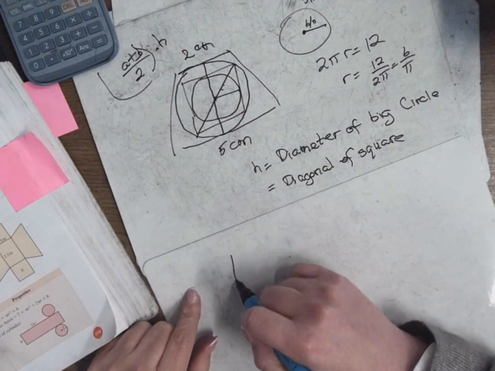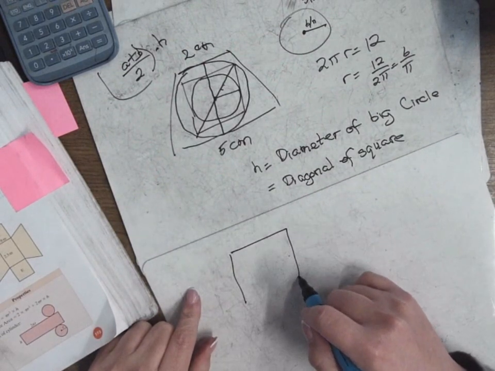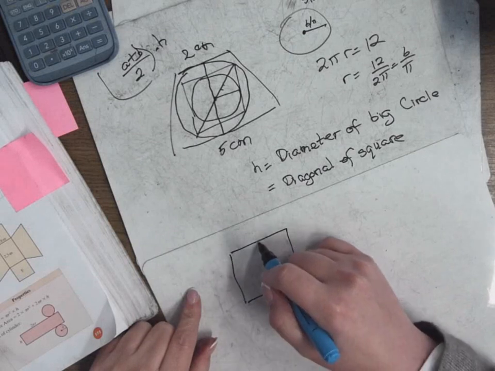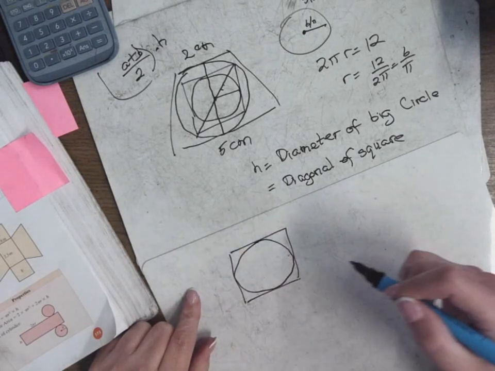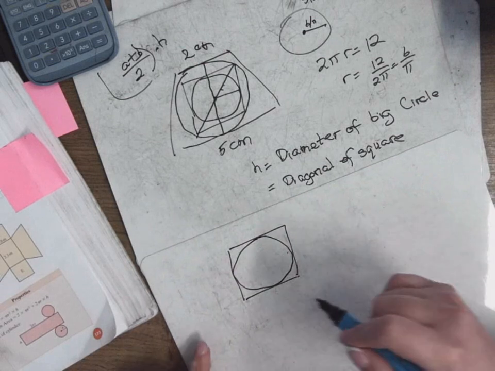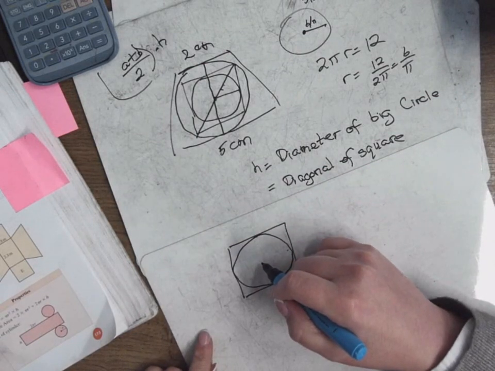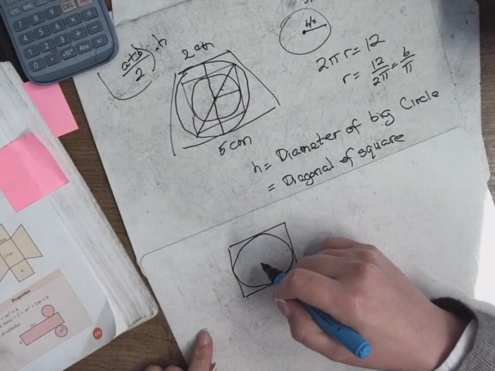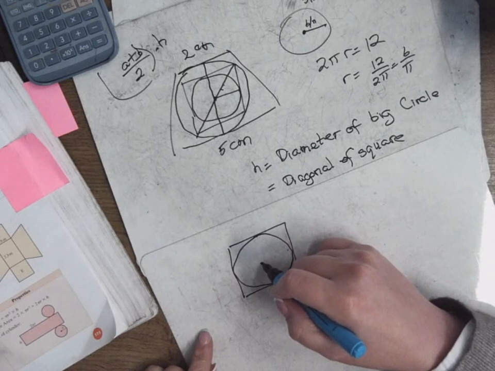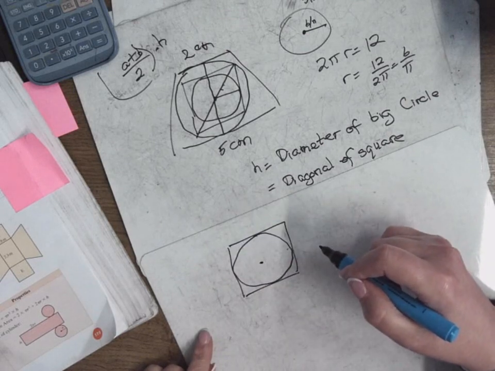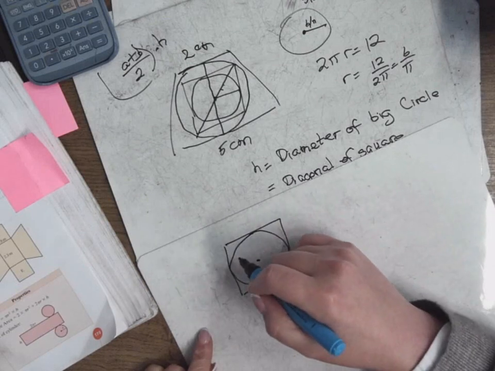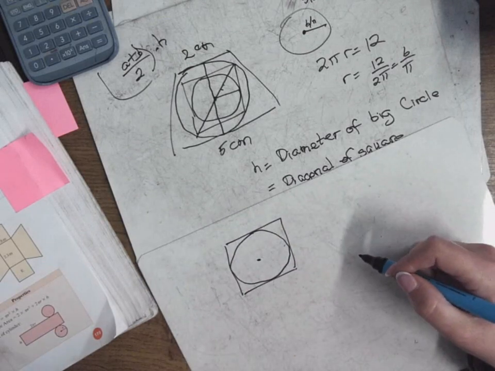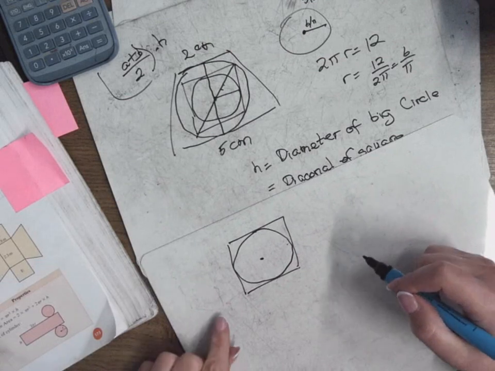So I'm just going to draw the square separately. I need the diagonal of the square, but what do I have here? Now, where am I going with this?